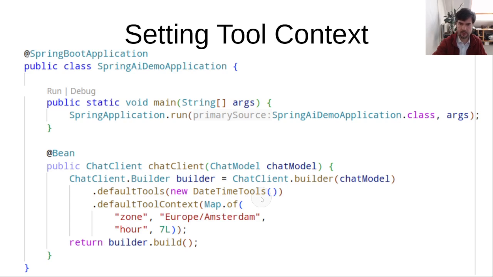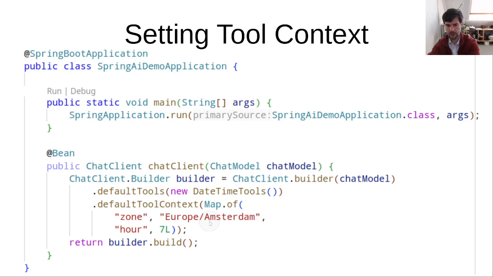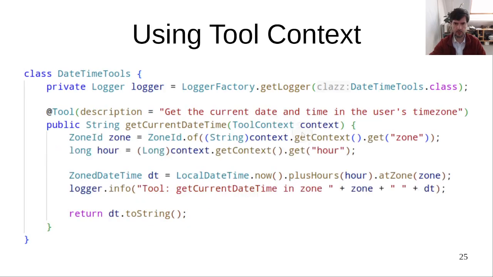Let's see how I do that. So over here, getCurrentDateTime used to not take any parameters, because it just says, hey, can I get the current date time? But now I'm going to give it that tool context, where these values are going to come in. So with the tool context, I pull out the zone, turn it back into a string, and now I get the zone ID from that.